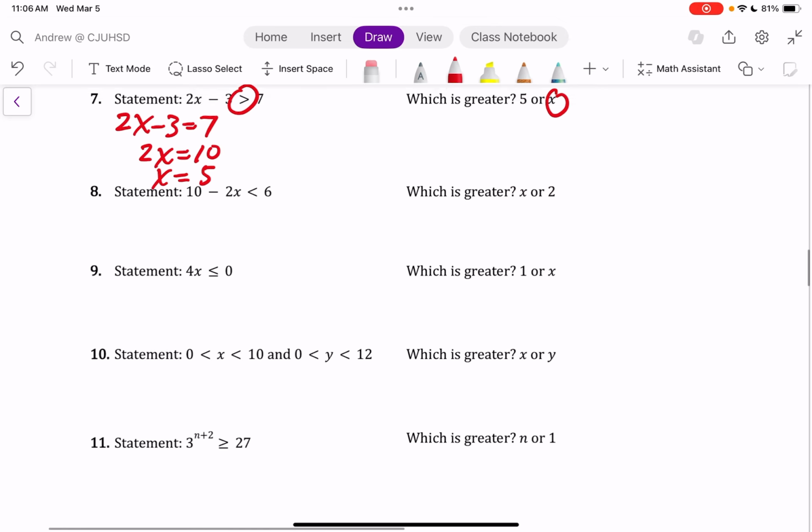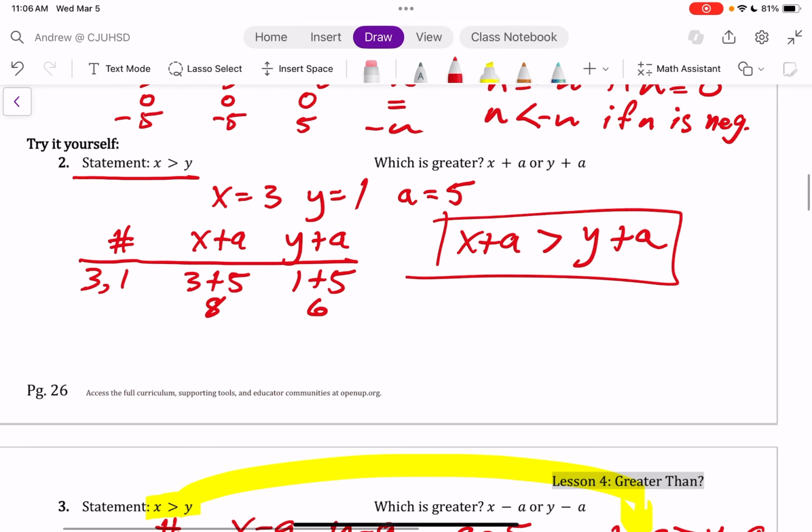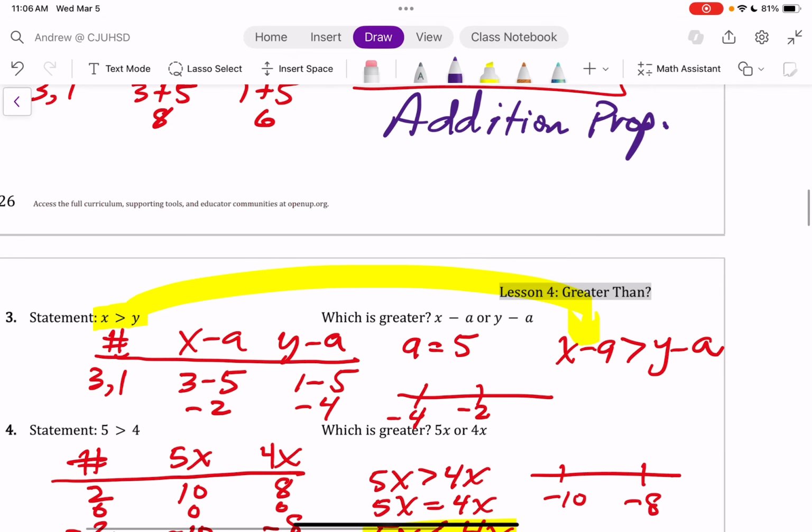This first one, number 2, this is the addition property. I'm going to abbreviate property. The next one is the subtraction property.